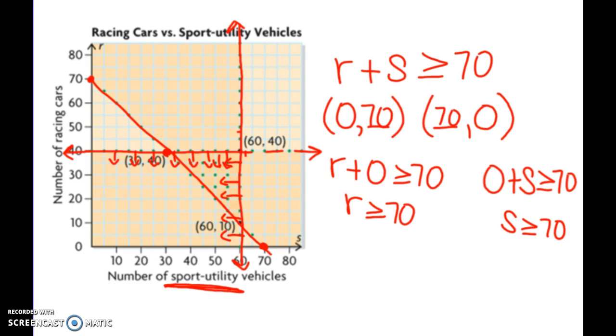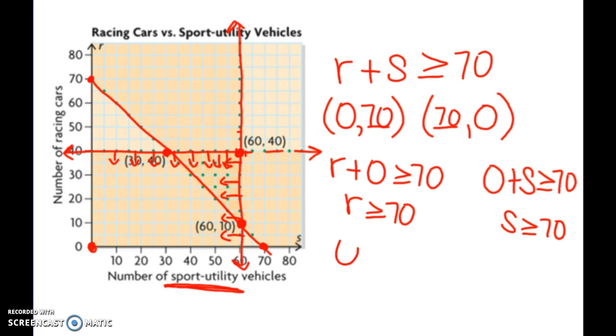Okay, so now we need to look at where our graph is crossing all our lines. And sometimes it's harder to see and sometimes it's easier. Okay, and we need to check where we are shading this last line. So again, remember, what if I tried my test point as 0, 0?